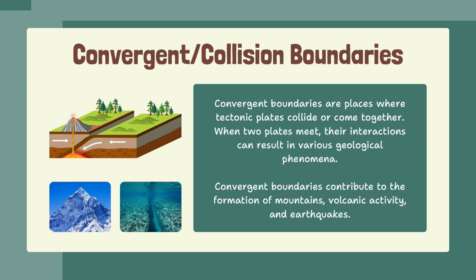There's a good example that we'll touch on further, but when they come together and that collision occurs, the forces result in the formation of mountains because there's uplift in the continental crust, and so that can result in mountains. But essentially, they are destructive because they result in volcanic activity and earthquakes.